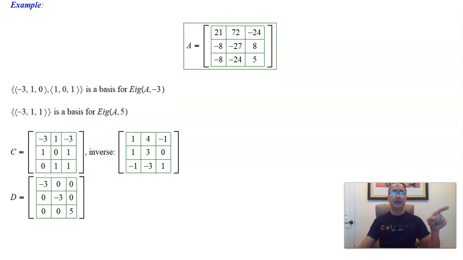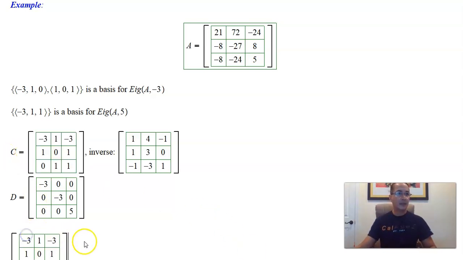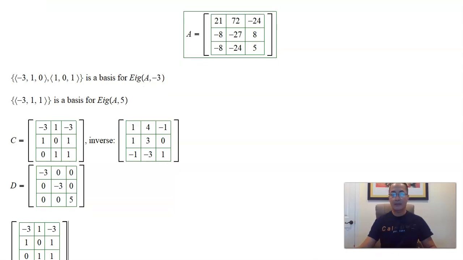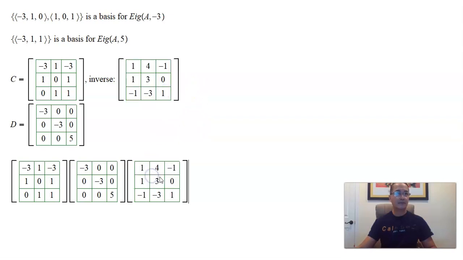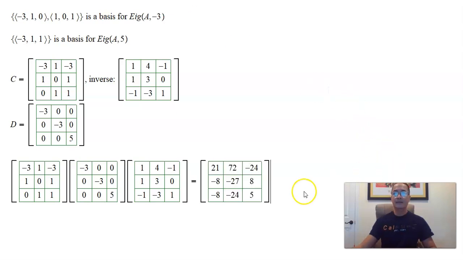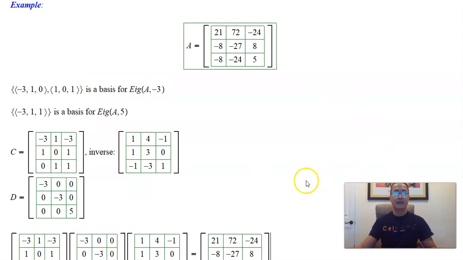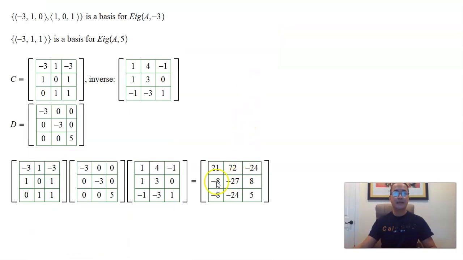We said A has to be C, D, C inverse. So here's C, and then we multiply D, and then C inverse. Is that the matrix that we had in the beginning? Yeah, there it is, and it's exactly the same matrix.